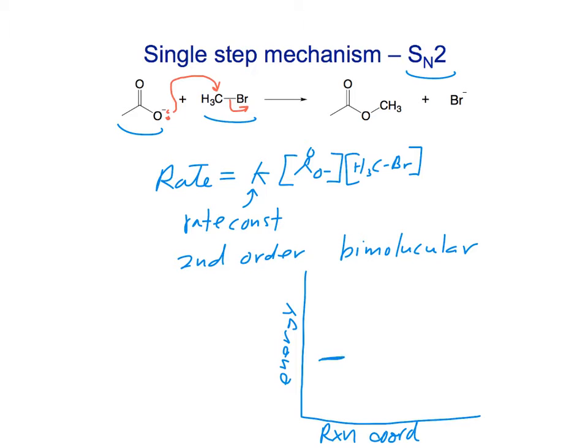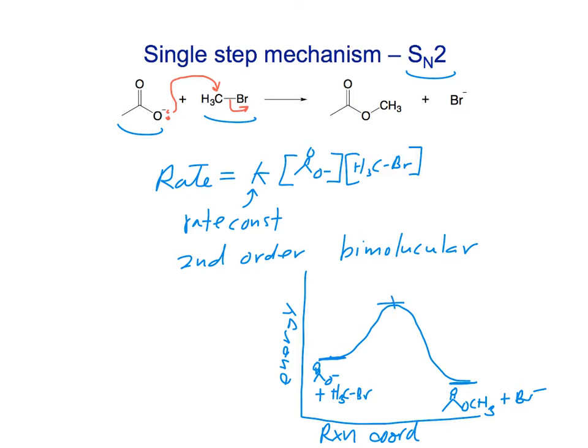So we would have our reactants here, acetate plus bromomethane, and we would have our product over here, which is called methyl acetate, an ester, plus bromide. In between these two, we're going to have a single transition state. So it's going to go up over that hump and back down to the product.